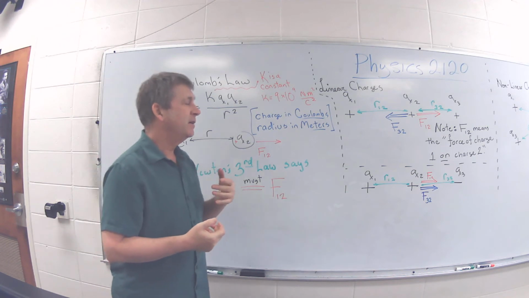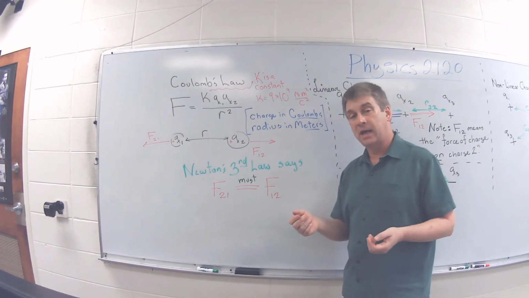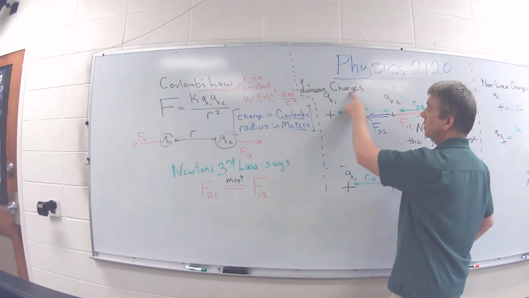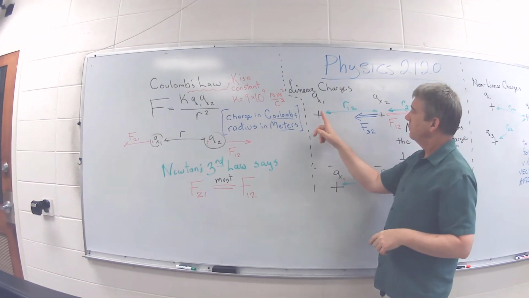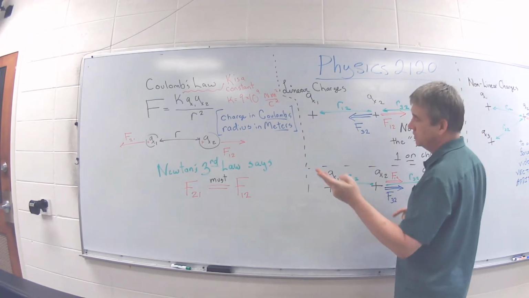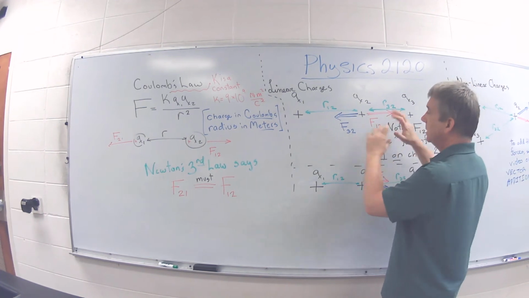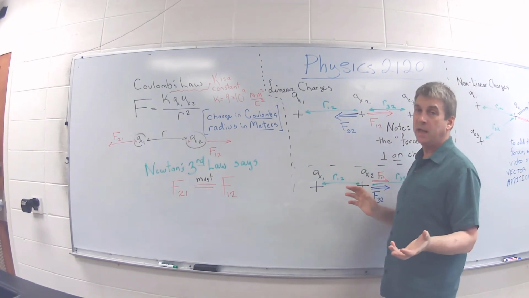Now, if we think about charges in general, let's think about charges in a line, like linear charges in this case. If we have charge 1, charge 2, and charge 3, three charges, all of them positive. If we were to just let them go, you can imagine what would happen.